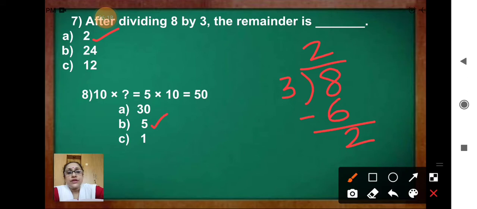So, 10 fives are 50 equal to 5 tens are 50. Clear, children? Read the question properly. Then do it. All are finished. Done question 8.